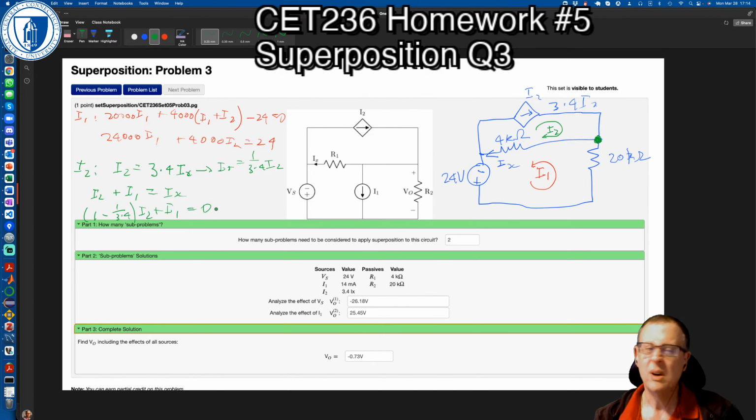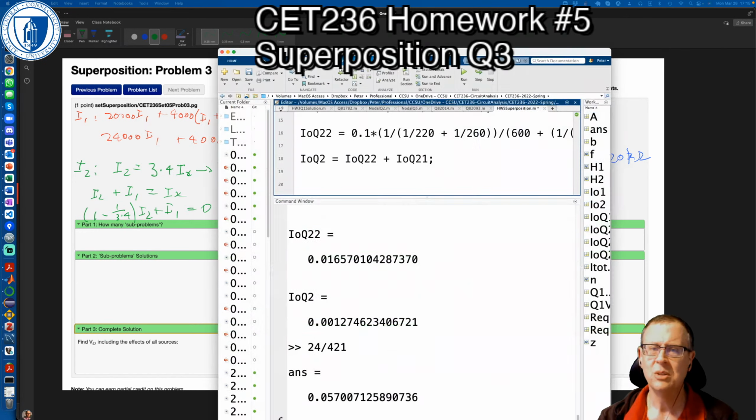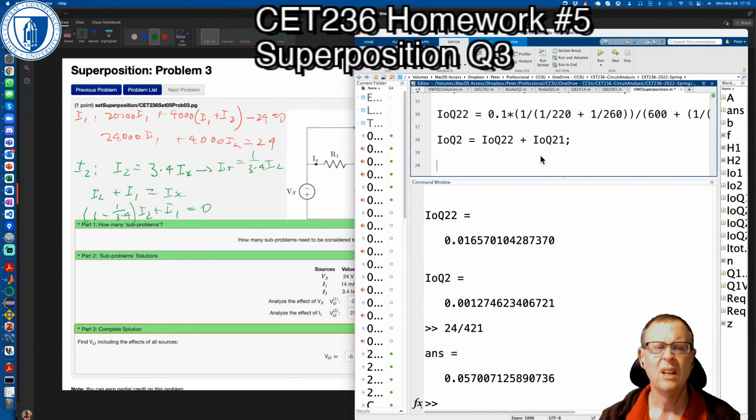Now we have two equations in two unknowns, and we can plug those quite happily into MATLAB. Let me just format things a bit better over here. Our A matrix is going to be 24,000 and 4,000 in the first row.